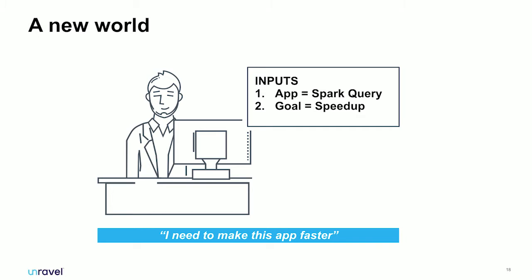What we are doing at Unravel is implementing a feature that can automate this process. Users simply specify what goal they're trying to achieve, for example, I want to speed up an app, or I want to make sure the app runs because it failed, and then submit that along with the app.